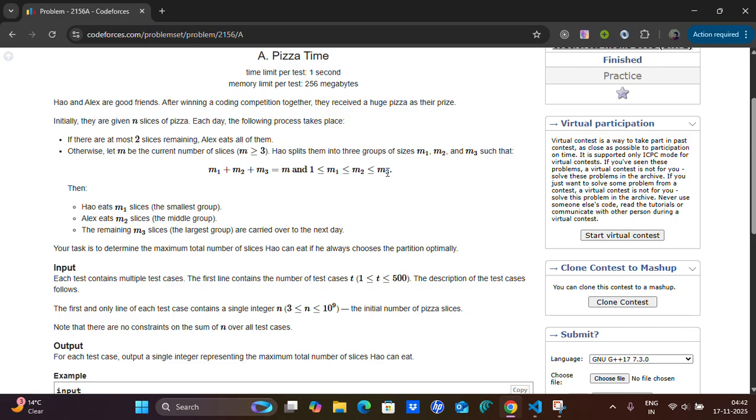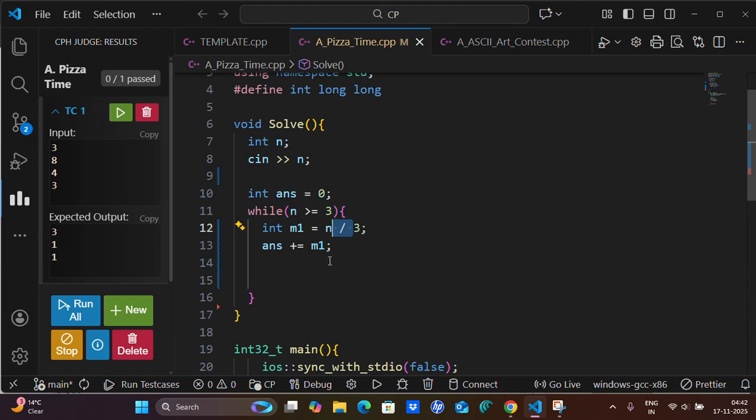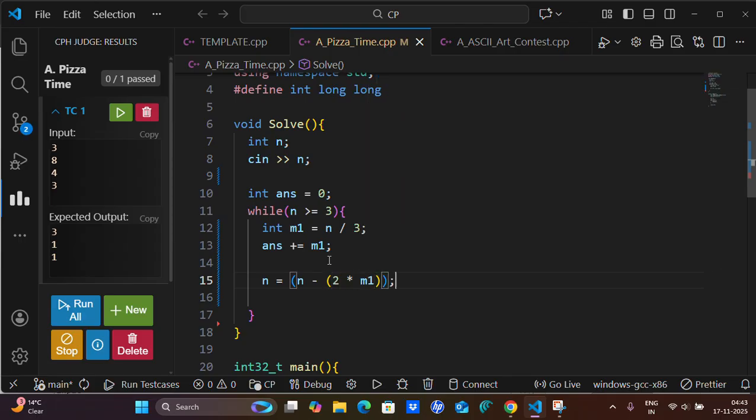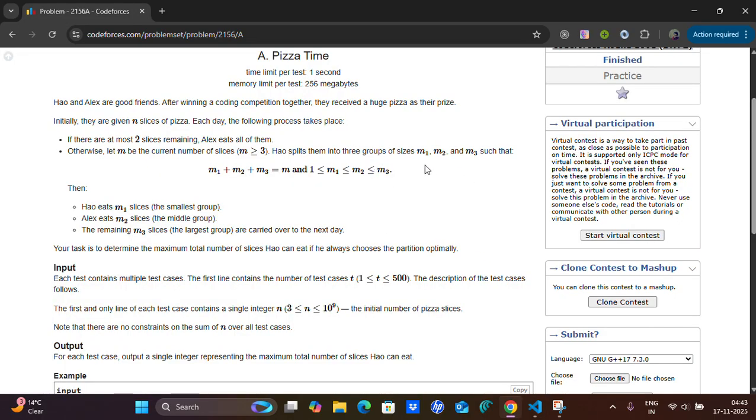So what is the value of m3 now? The value of m3 will be nothing but n is equal to n minus 2 into m1. Is it clear or not? You can see here that since the values of m1 and m2 are equal, both are m1, and n was the total number of pizza slices.